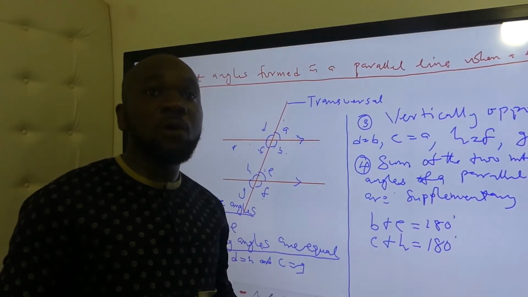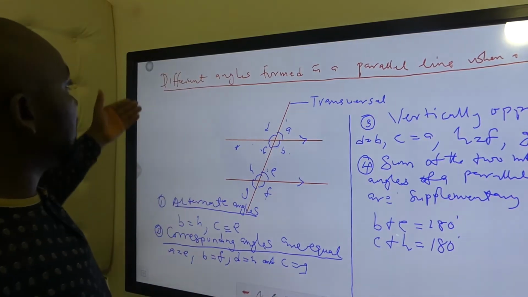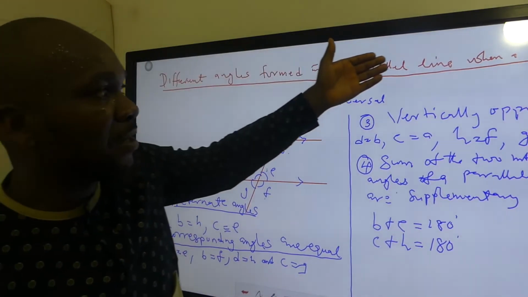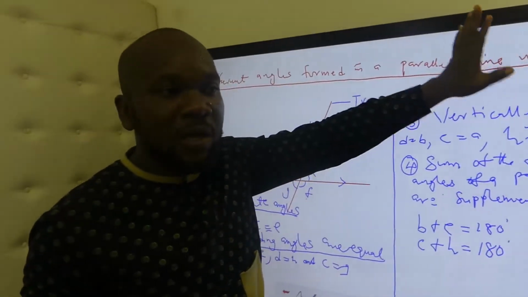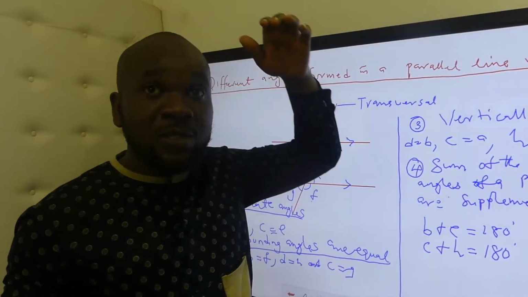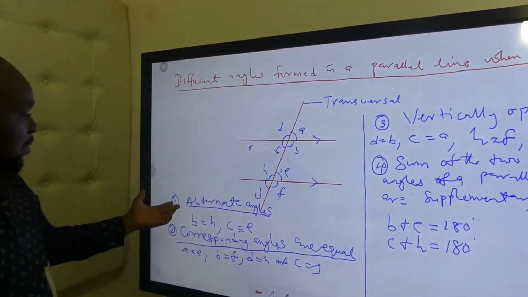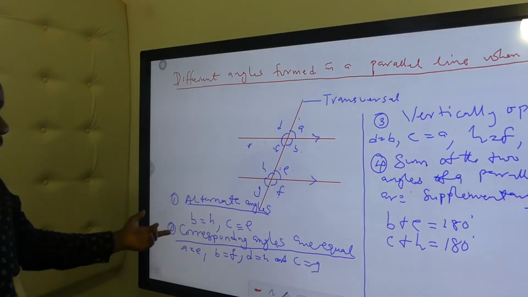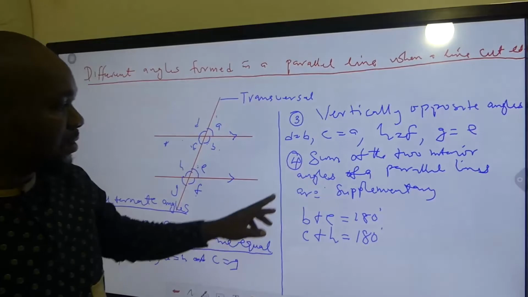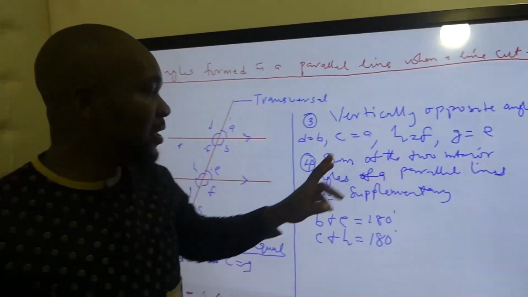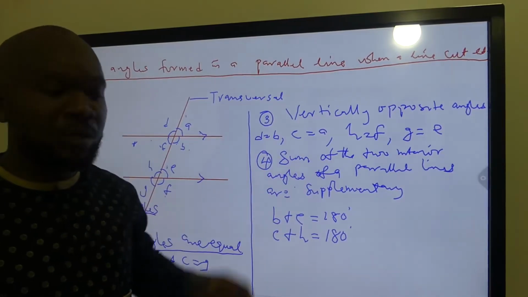They maintain equal distance to infinity. Then the second one is the different angles formed in parallel lines when they are cut. The line we use to cut them is what we call a transversal. We are able to come out with alternate angles, corresponding angles, vertically opposite angles, and the sum of the two interior angles of parallel lines, which are supplementary.